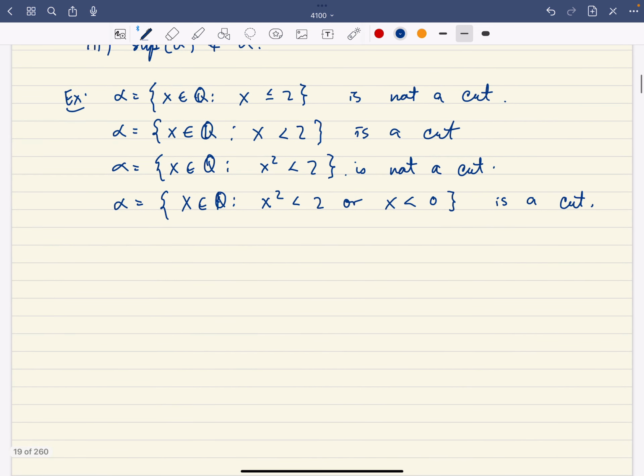Okay, and then the way that we define the real numbers is as the set of all of the cuts of rational numbers. So alpha is a cut. So that's how Dedekind defines the reals.